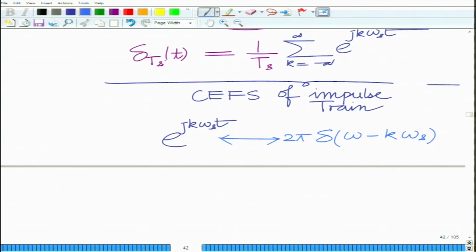So, if you take the Fourier transform of the impulse train, that will simply be summation 1 over Ts times 2 pi delta omega minus k omega s, because the Fourier transform of each e raised to j k omega s t is simply 2 pi delta omega minus k omega s.